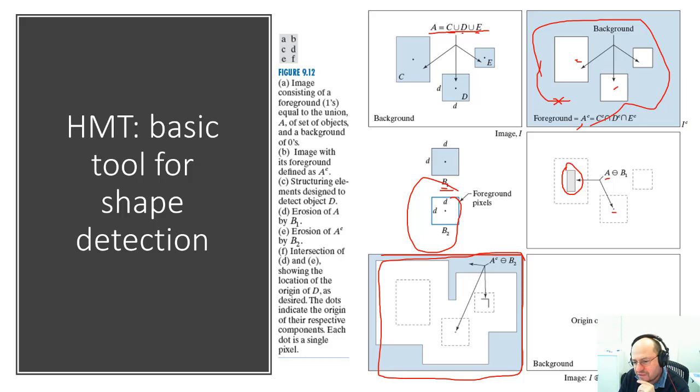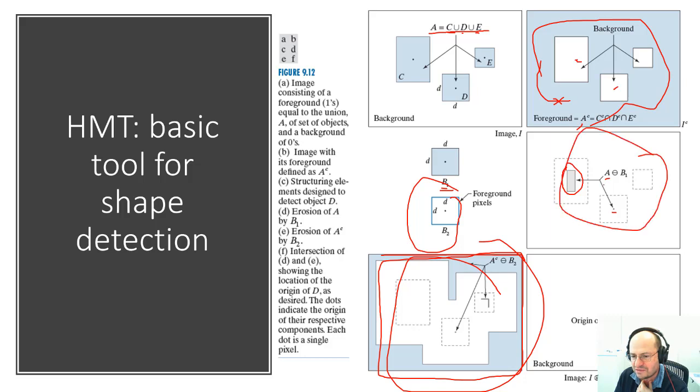Now, the definition of the HMT transform is that I get the intersection between eroding the object A with B1 and eroding the complement of object A with B2. And what's the intersection between this image and this image? This point, which is exactly the origin of the object that I wanted to find.